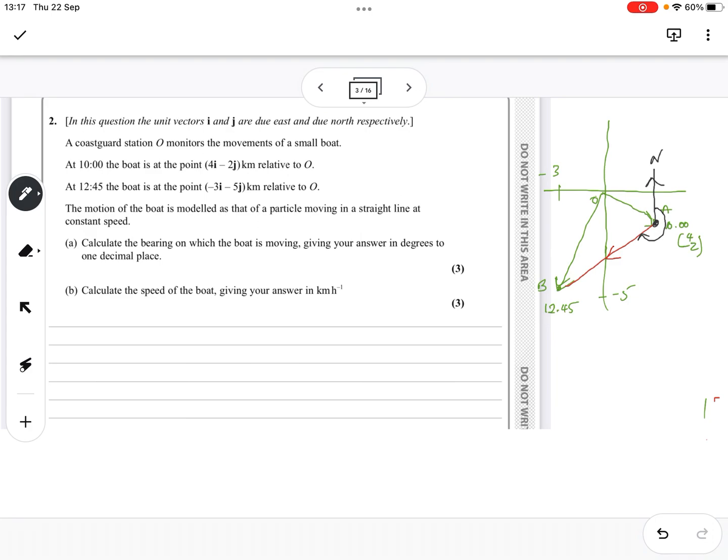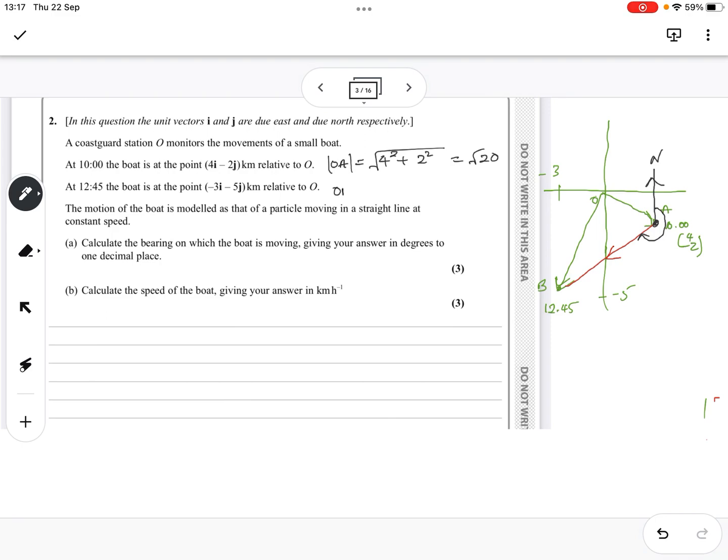So we need some angles, but first of all, maybe we'll get some lengths from our vectors. So the length OA, or the magnitude, is the square root of 4 squared plus -2 squared, so 4 squared plus 2 squared, which is the square root of 20.